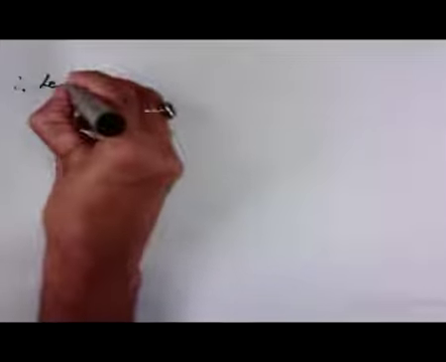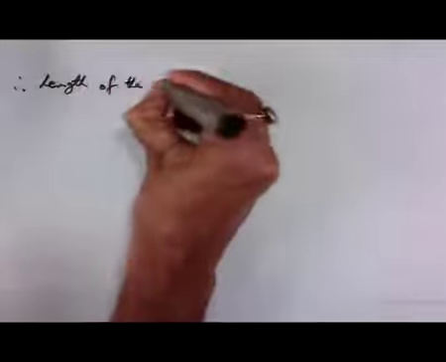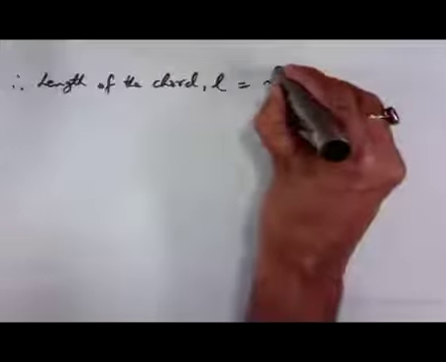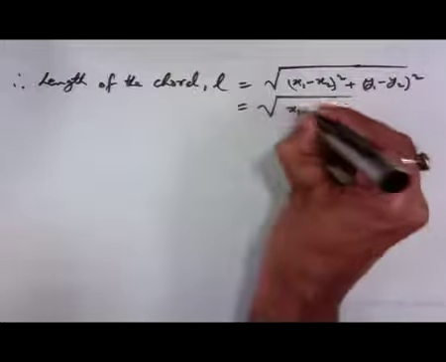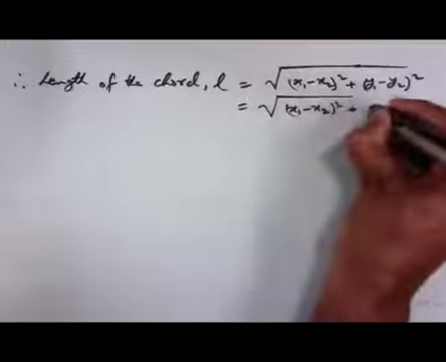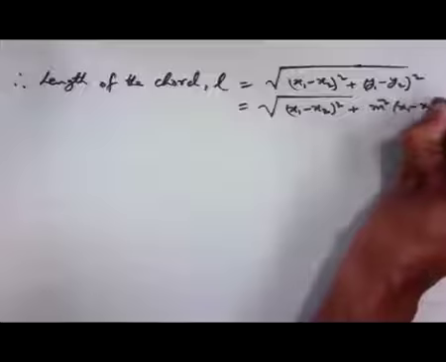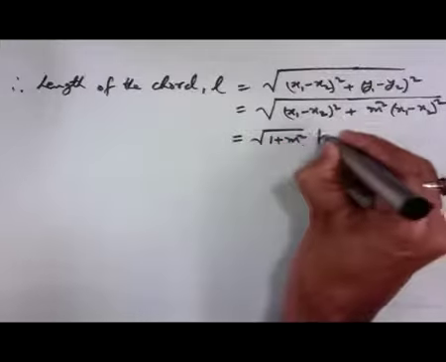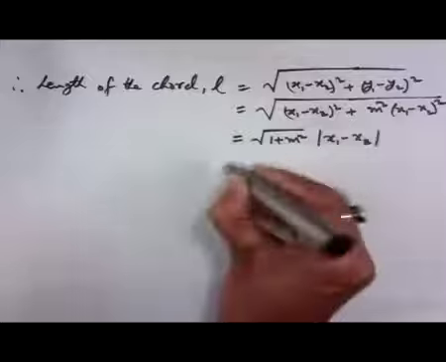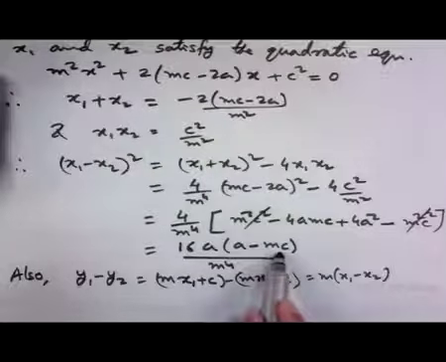So, therefore, the length of the chord in terms of m and c is given by square root of x 1 minus x 2 square plus y 1 minus y 2 square, which is equal to square root of x 1 minus x 2 square plus m square x 1 minus x 2 square, which is equal to square root of 1 plus m square times mod x 1 minus x 2, and we have got x 1 minus x 2 square is 16 a times a minus m c by m to the 4.